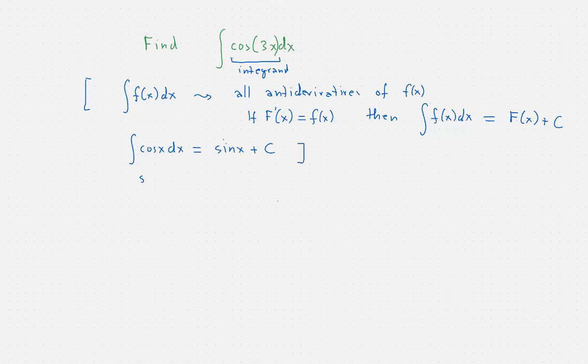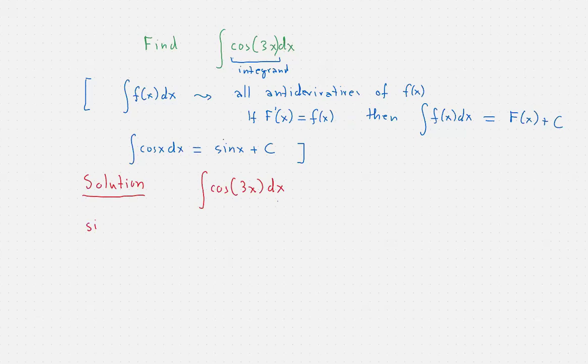And we're going to explain it once more. So let's see what we meant here. We want to find the indefinite integral, meaning all antiderivatives, of cosine of 3x. And since the derivative of sine is cosine, we make the initial guess that sine of 3x could be the answer.